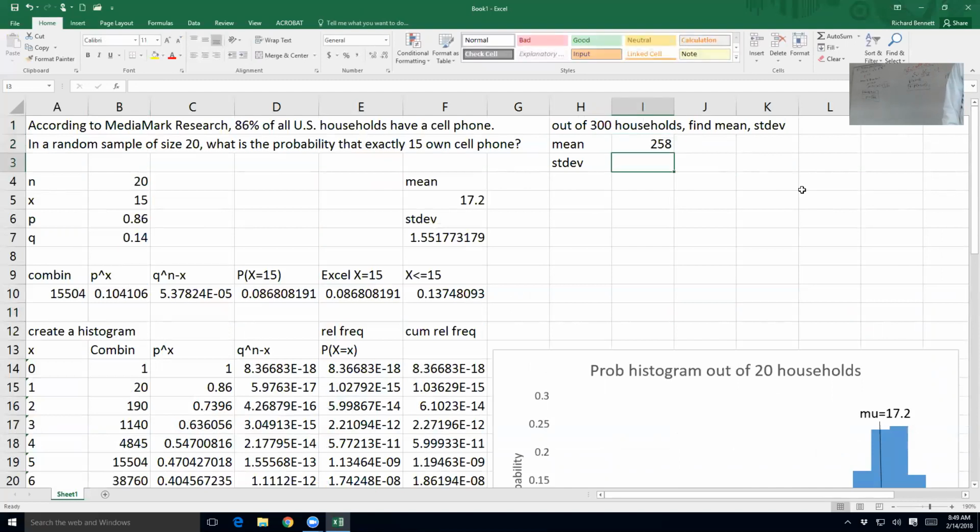So you would expect about 258 people. And your standard deviation would be the square root of 300 times 0.86 times 0.14. That's one of the easiest standard deviation formulas to remember, right? 6.6 roughly.